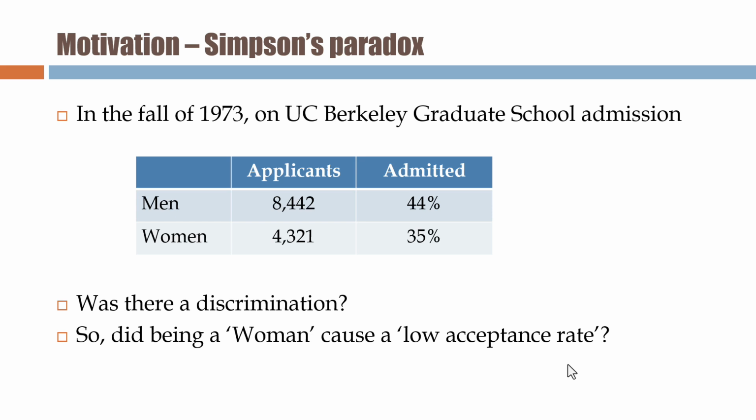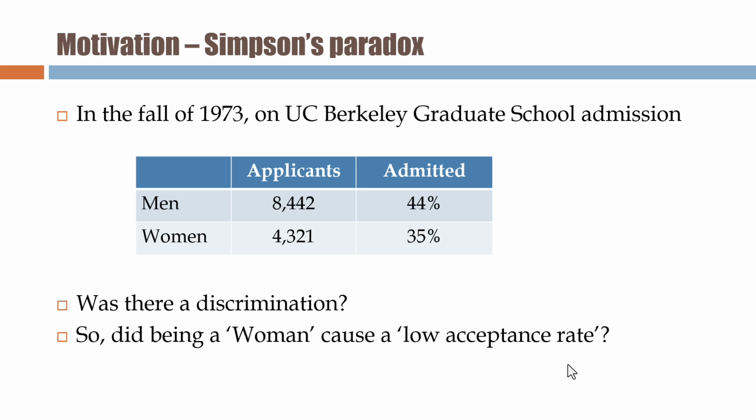Among men, there were more than 8,000 applicants, and 44% of them got admitted. And women, there were more than 4,000 applicants, but only 35% got admitted. So they raised the problem. As you can see, obviously women got the lower admission rate.